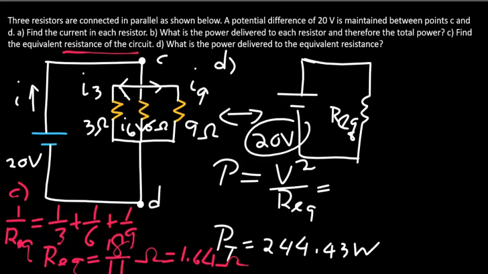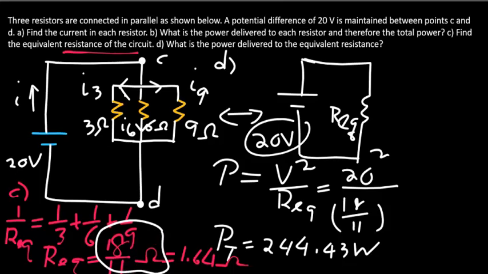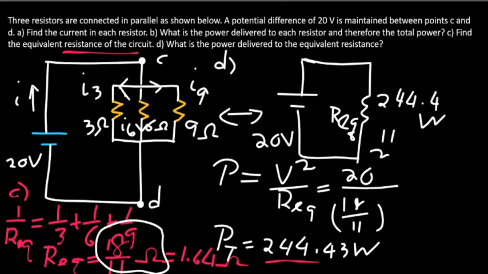So the voltage is 20 volts, square that, over 18 over 11, the number that we have obtained here. And that's going to give you an answer of 244.4 watts, the same power that we have obtained here.